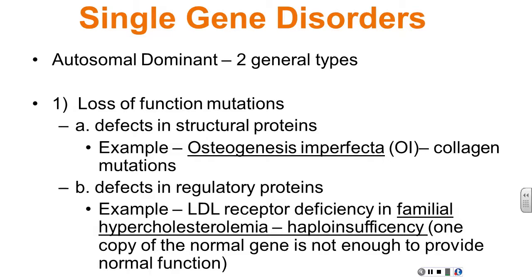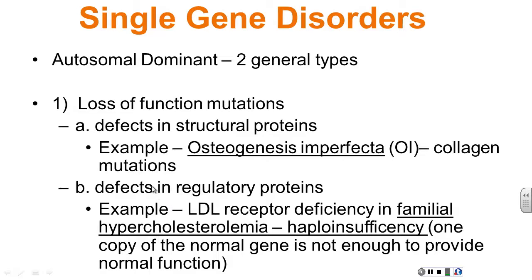I think the easiest one to understand is when you have a defect in a structural protein. A very good example is osteogenesis imperfecta, type 1 and type 2. One's more severe than the other, but in both of those you have collagen mutations. It affects the structure of collagen. Once you affect the structure, you affect the entire structure. That's why it's dominant.